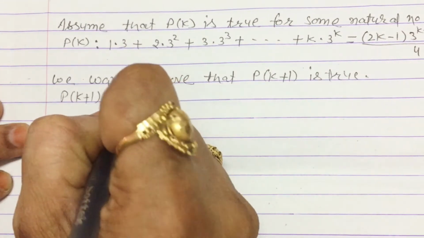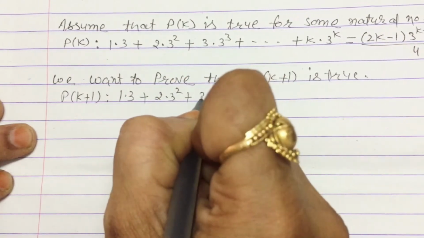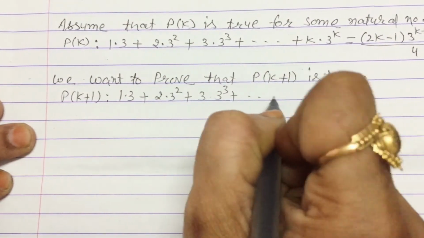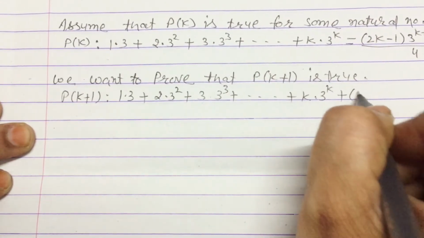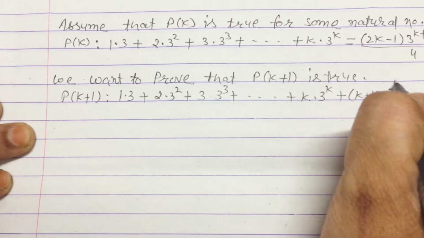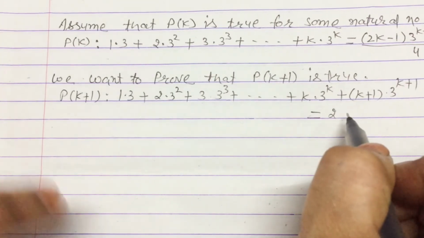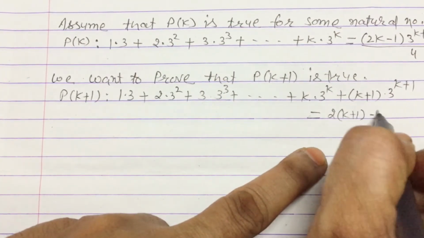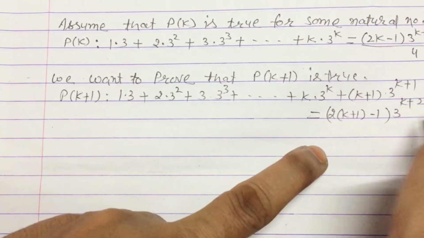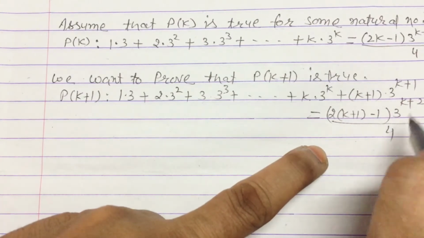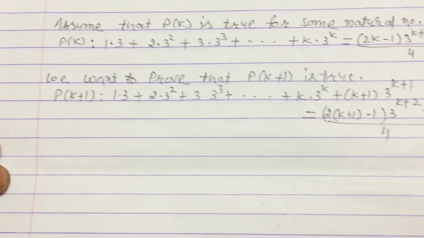It is 1 into 3 plus 2 into 3 square, here 3 into 3 cube, and here it is k into 3 raised k, and next (k plus 1) into 3 raised k plus 1, is equal to (2(k plus 1) minus 1) 3 raised k plus 2 plus 3 by 4. Okay, we have written k plus 1 in place of k. Now we have to prove that it is true.